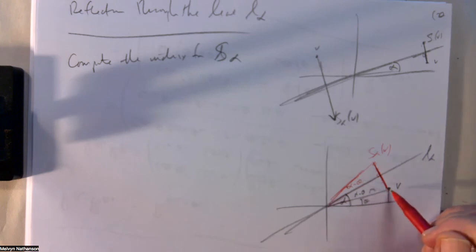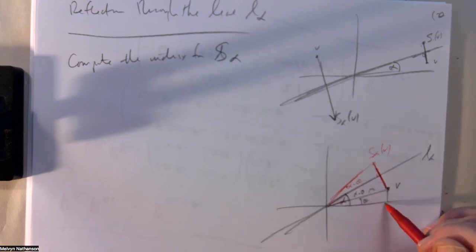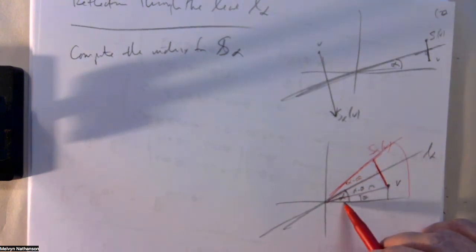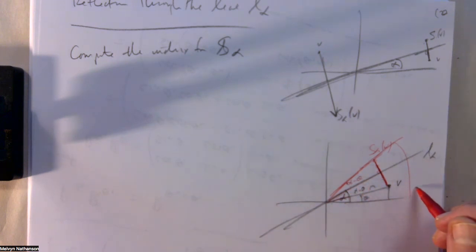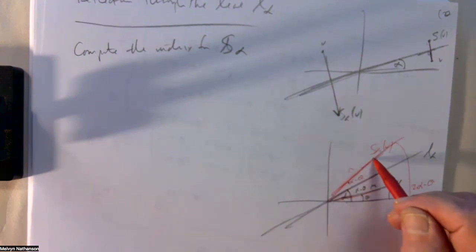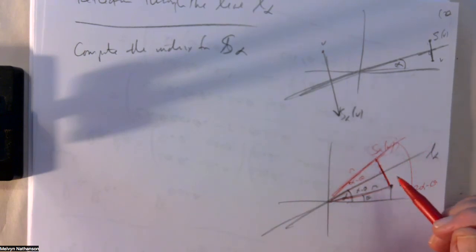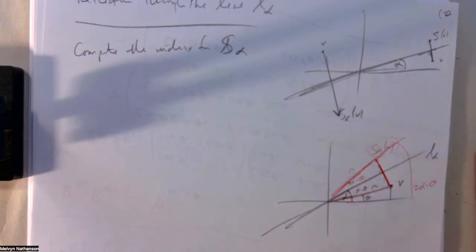So it had been that v made an angle theta with respect to the positive x-axis, but now this vector makes an angle of alpha plus alpha minus theta. So this angle is now 2 alpha minus theta. But these are congruent triangles, so this distance r is the same as this distance. So for this vector, the polar coordinates are r and 2 alpha minus theta.